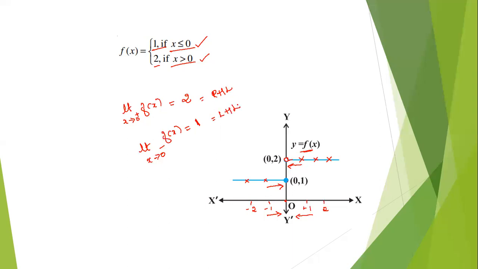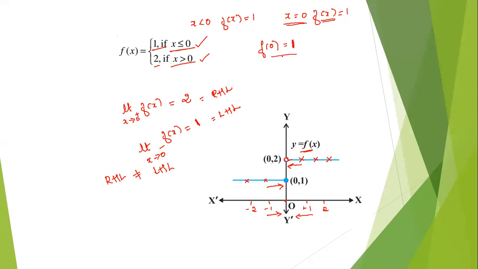So if you see both these, they are not equal, right? Our right hand limit is not equal to the left hand limit. Also, if you try to find out the functional value at 0, what do you get? What is the functional value at 0? It's given for x less than 0, f of x is 1, and also for x equal to 0, f of x is 1. So, the functional value of f of x at x is equal to 0 is 1.